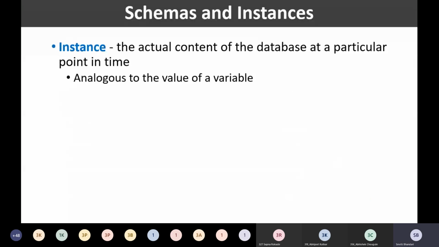Further, I'll give you the idea of what we mean by instance, and then we'll conclude our session. What is an instance? Instance is a snapshot of the data stored in the database at a particular point of time.